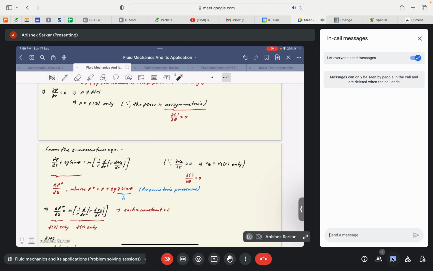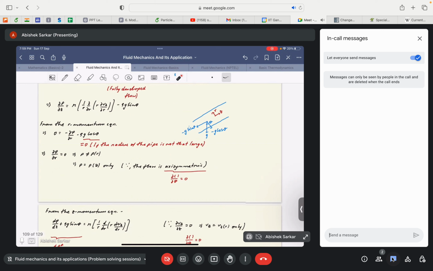So we can again change the partial derivative to a complete derivative in the case of the velocity on the right hand side also. So this ∂/∂r can be converted into complete derivatives.